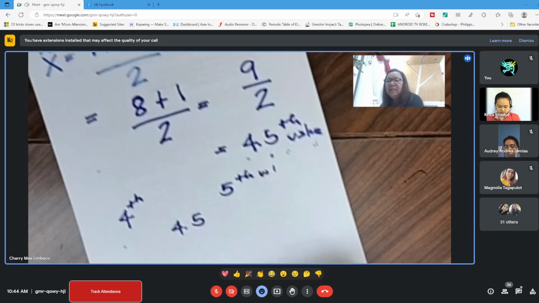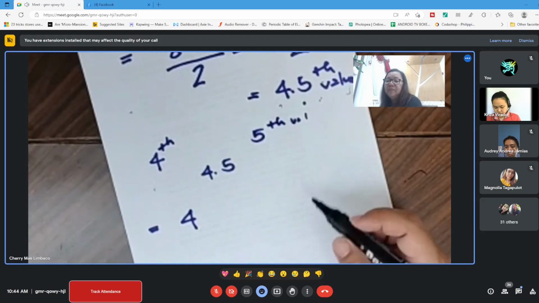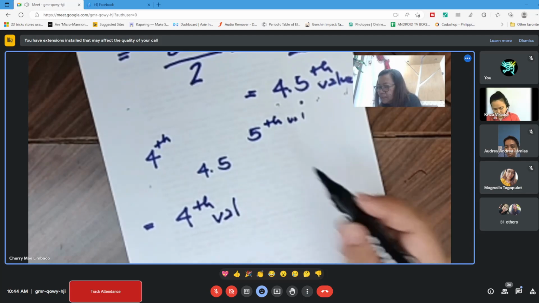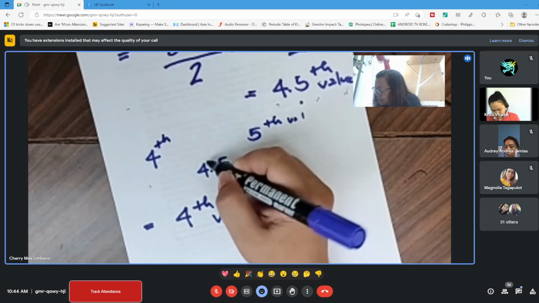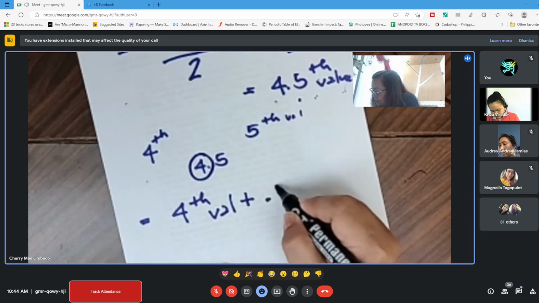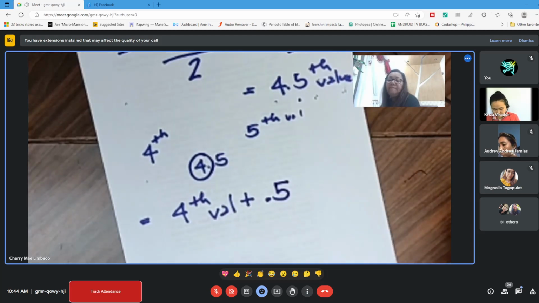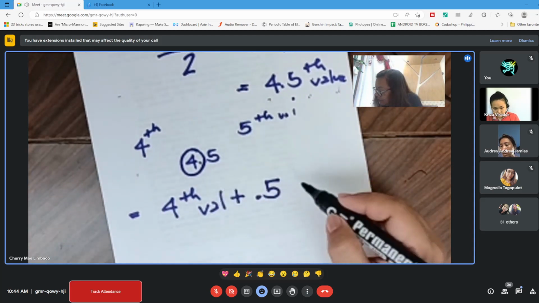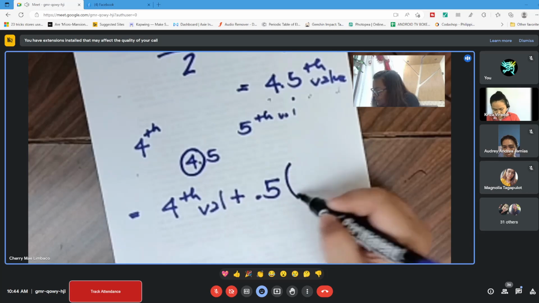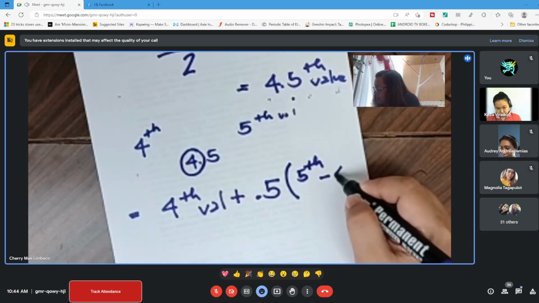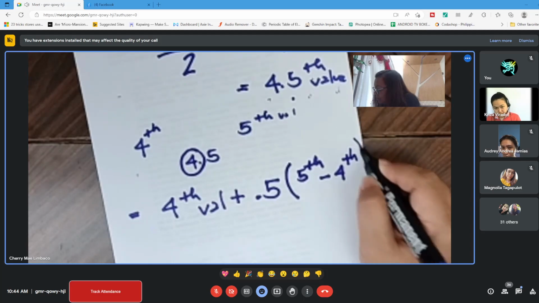4th value plus 0.5, close open parenthesis, 5th value minus 4th value.